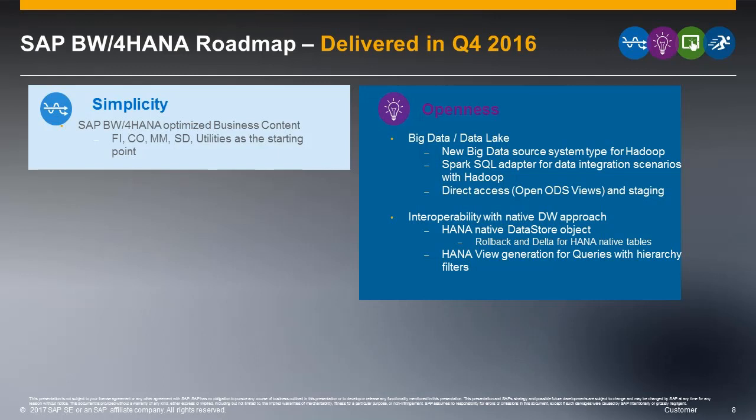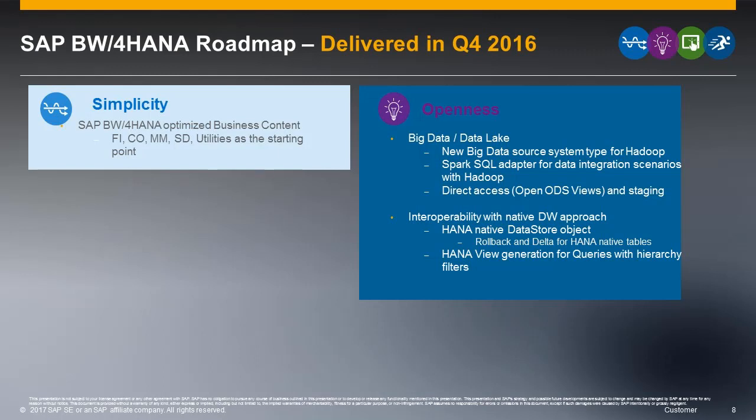Going forward, additional application areas will be delivered. From an openness perspective, obviously, all sorts of talk around Hadoop, and here we delivered on providing at least source system type and also the integration with the Spark SQL adapter.